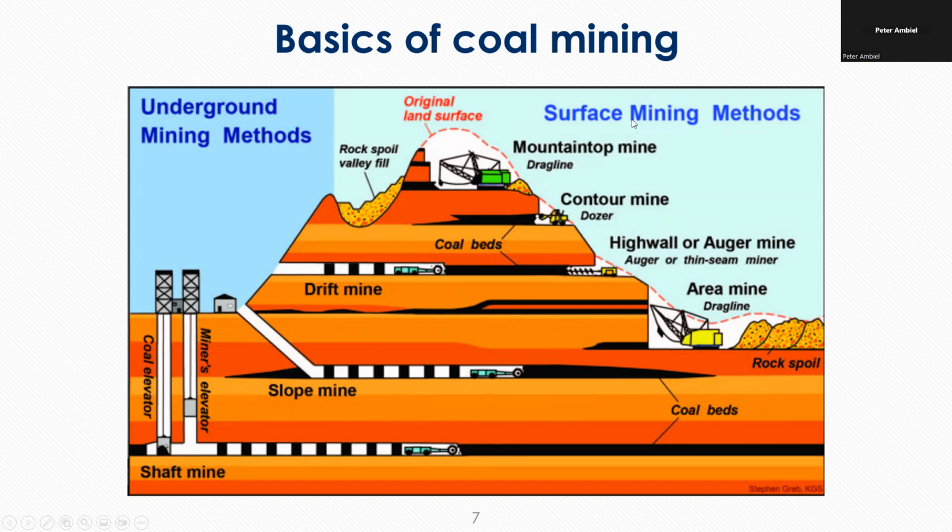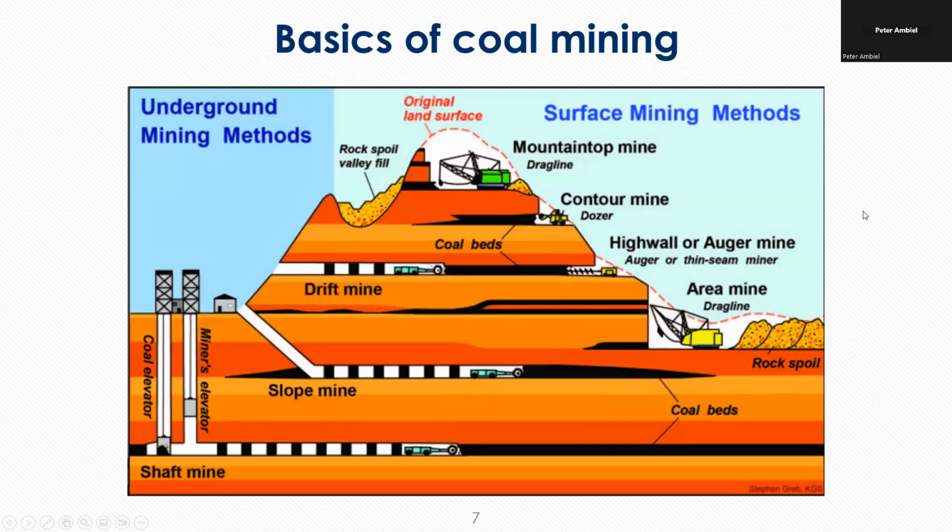An alternative to this is surface mining methods, where essentially you are digging away at, let's say, this mountaintop, or some other type of resource-rich area. You are basically getting rid of the land surface in order to get to your coal resources. And you can see the different types of mining that can happen in those processes as well.